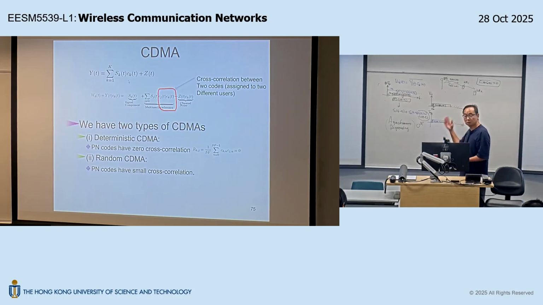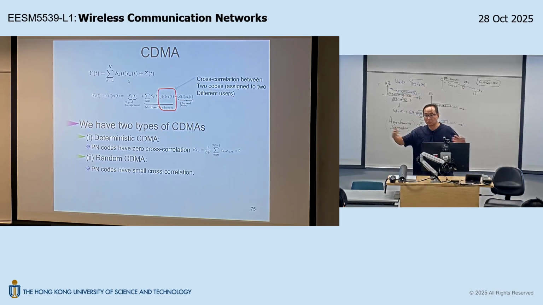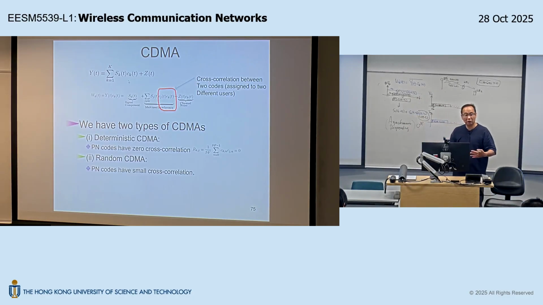For deterministic CDMA in the uplink, you need to make sure that the receive timing of these broken pieces from different users, no matter where they are, arrive at the base station receiver at the same time, right? So how is it possible? What can you do to make sure of that?